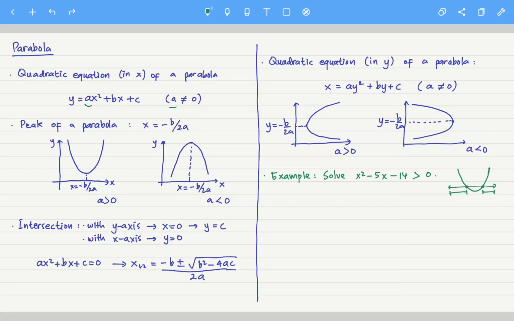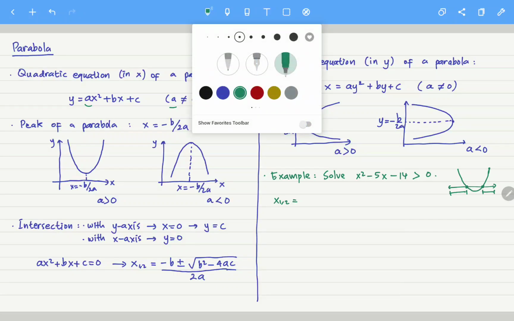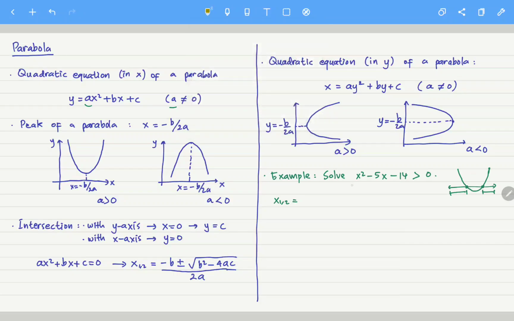Okay, to get the value of the intersection, we can use the following equation. x1,2 is equal to minus b. So b in this case is minus 5. So a equals 1, b equals minus 5, and c is minus 14.